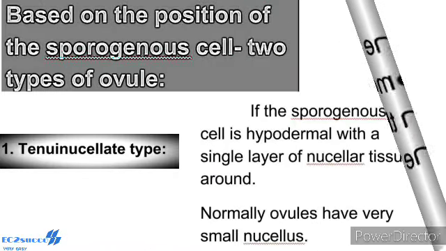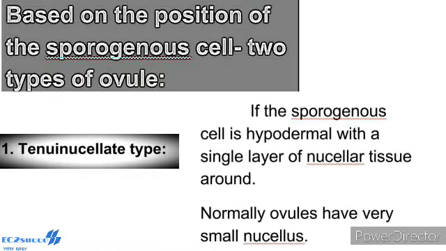Another one, based on the position of the sporogenous cell, two types of ovules are there. The question will be asked: number one, tenuinucellate type, number two, crassinucellate type. Tenuinucellate means the sporogenous cell is hypodermal with a single layer of nucellar tissue around.